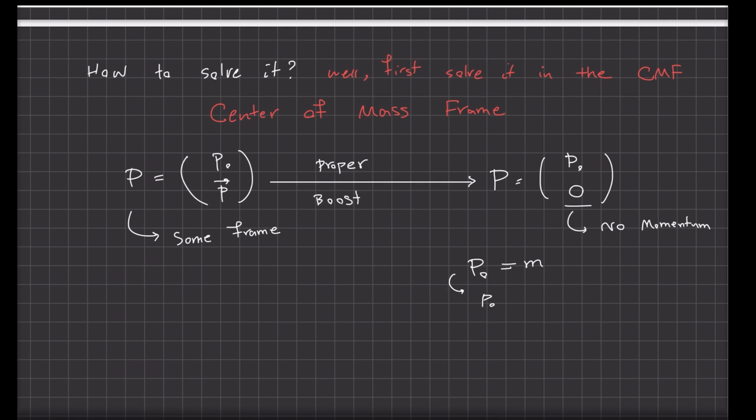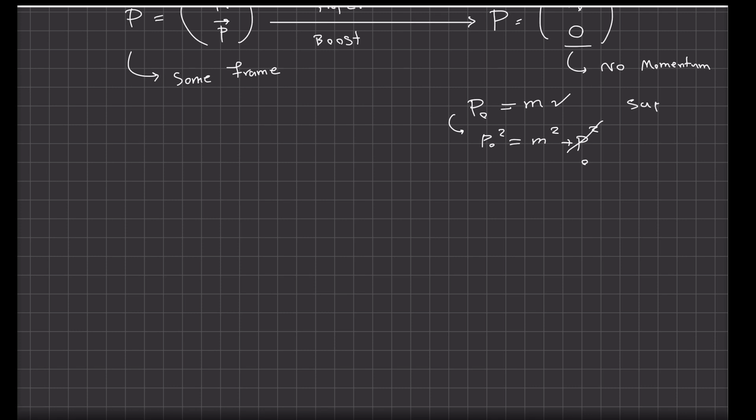P0 and p are dependent through mass, so p0 squared is equal to m squared plus p squared. But for convenience, it's easier to find the solution in the center of mass frame and then boost it back to any particular frame we want.